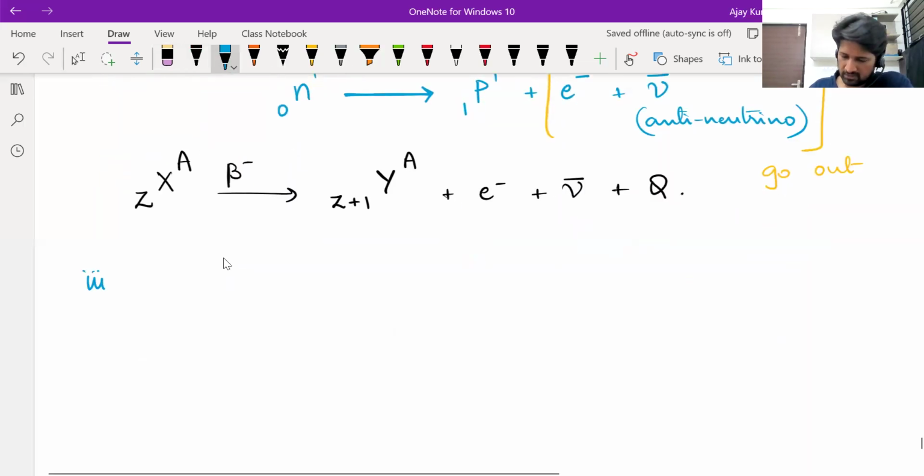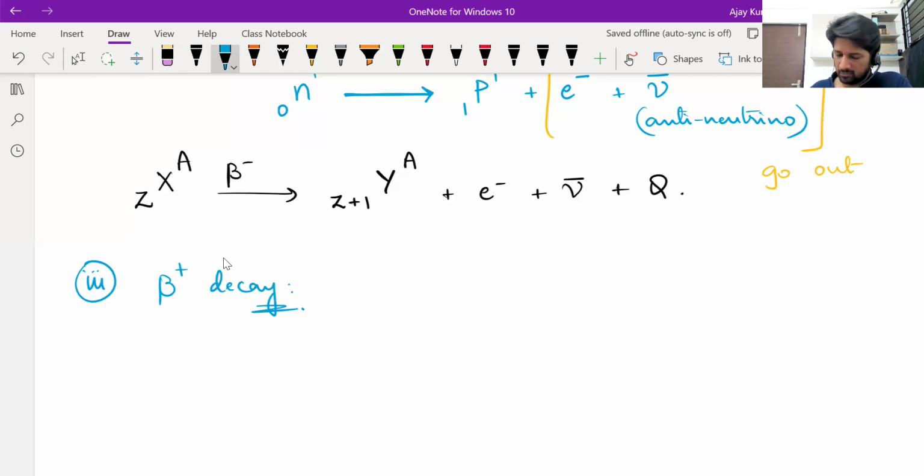Next is beta plus decay. In beta plus, what happens? A proton converts into a neutron. The proton is positively charged, the neutron is neutral. Then where will the positive charge go? It releases a particle called a positron.